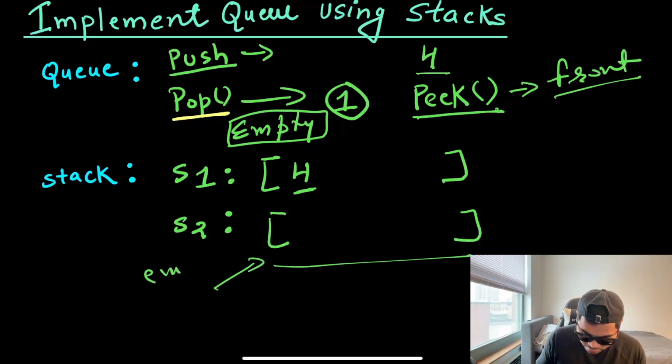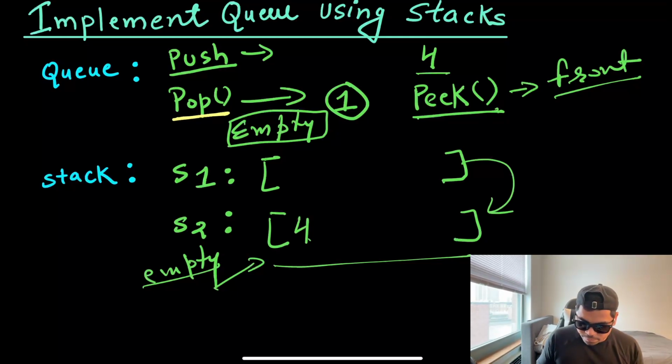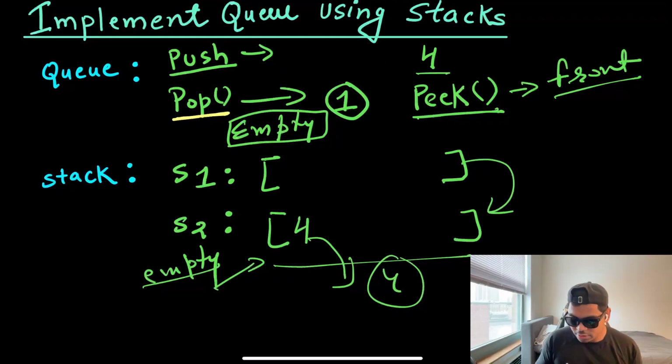So if S2 is empty, I will again do that operation where I start taking elements from my stack 1, accessing the topmost element and pushing. There is only one element which is 4, so I will take 4 and append it to my S2. Now S2 has 4, and if I wanna pop an element from S2, then I will just pop out 4. This is what I will return.